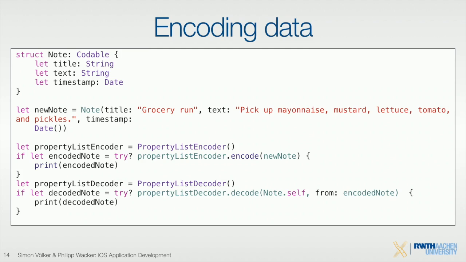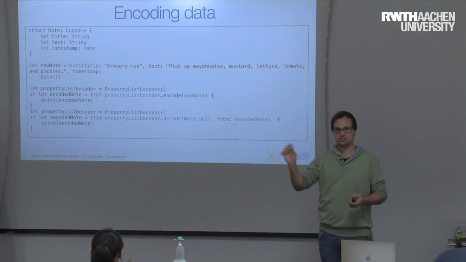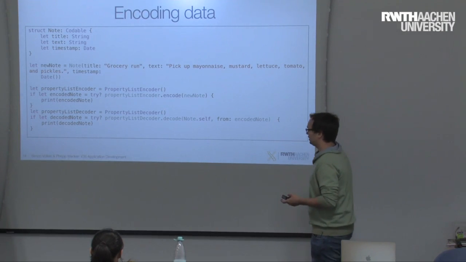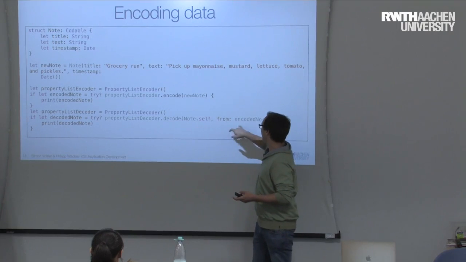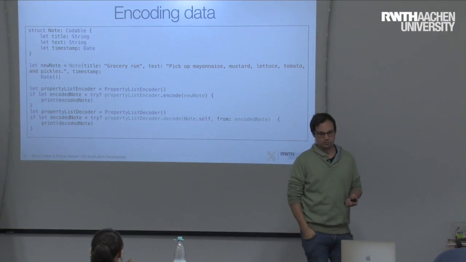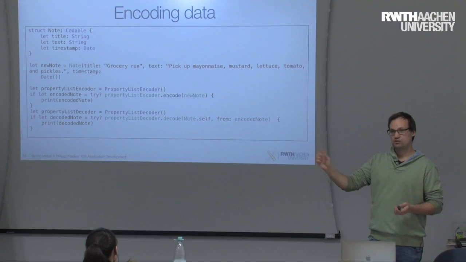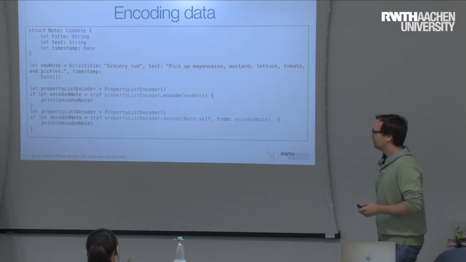First of all, I set up the property list decoder, which is a singleton class that you just grab. And then I'm trying to decode the message again from this type, because I have to define the type. And I'm using the encoded node that I just created. And this should work pretty fine. So now I have a decode and encode mechanism.